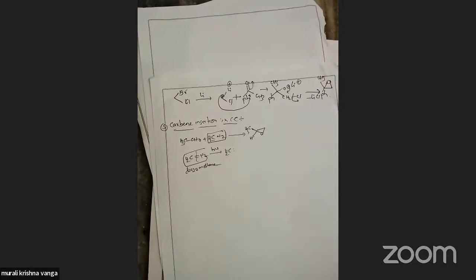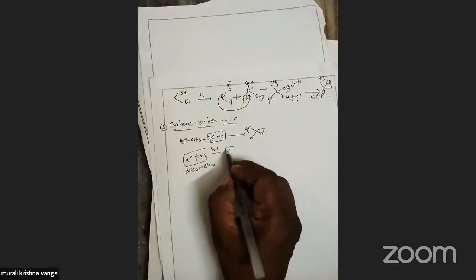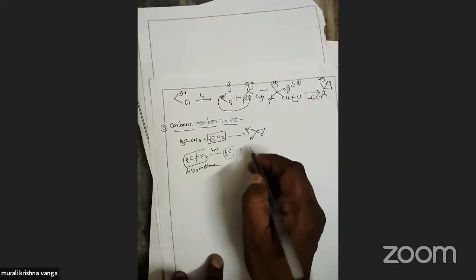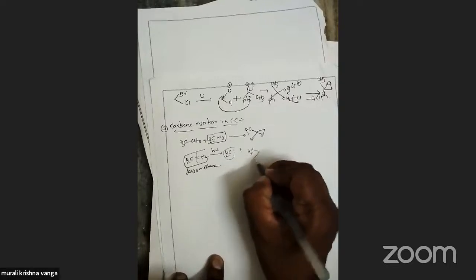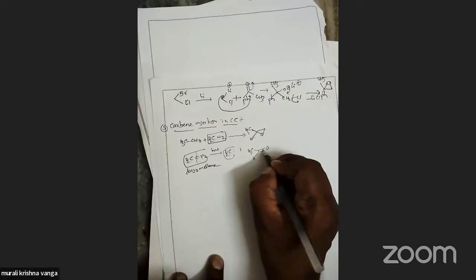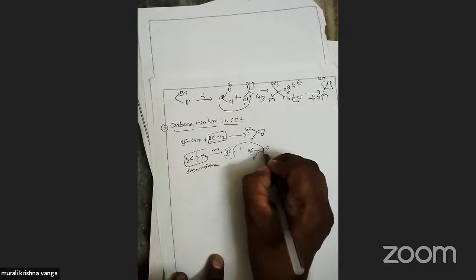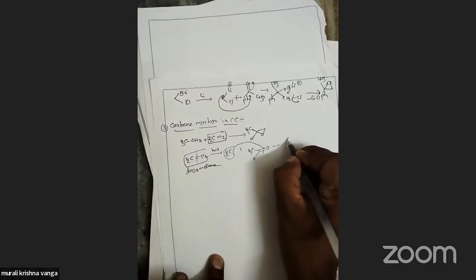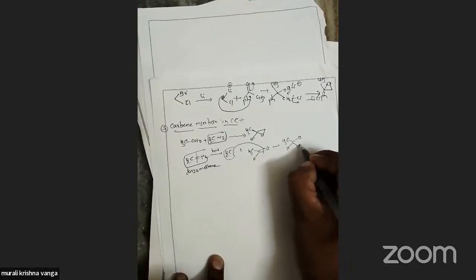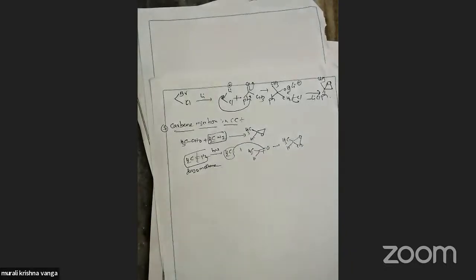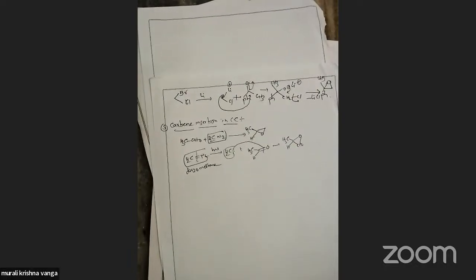When diazomethane reacts with carbonyl compounds, it produces the epoxide as the product. This carbene undergoes insertion into the carbonyl bond, then produces CH3, hydrogen, oxygen, CH2. This is how the epoxide is formed.